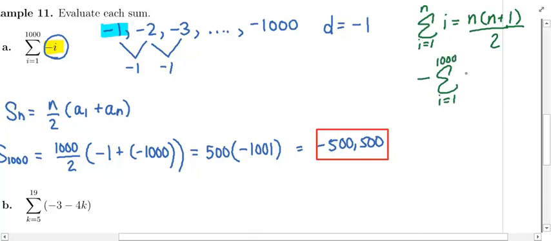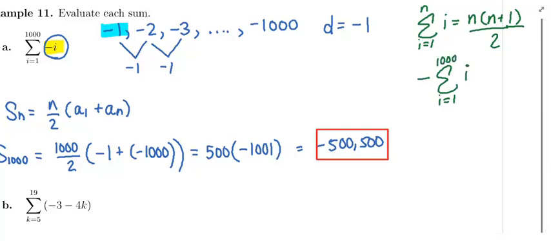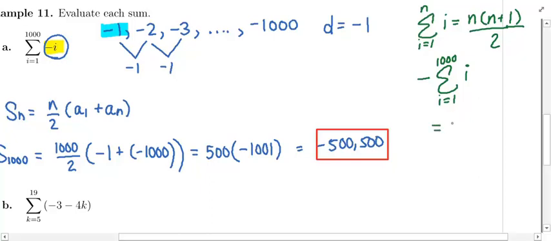And then I would be adding, if you look at just the sigma, the first 1,000 integers. So we could apply the shortcut here. This would be the negative sign that stays out front.